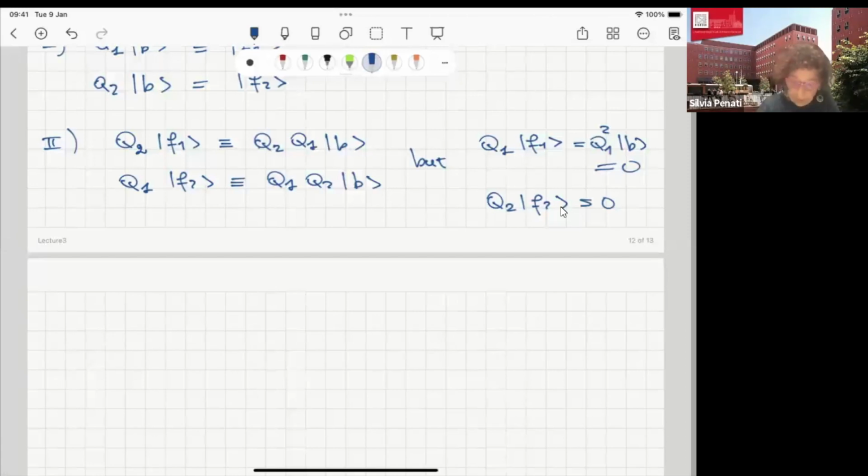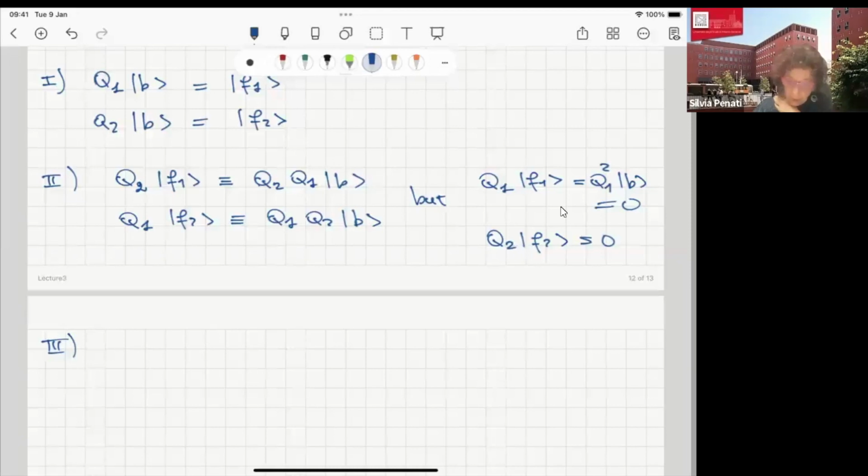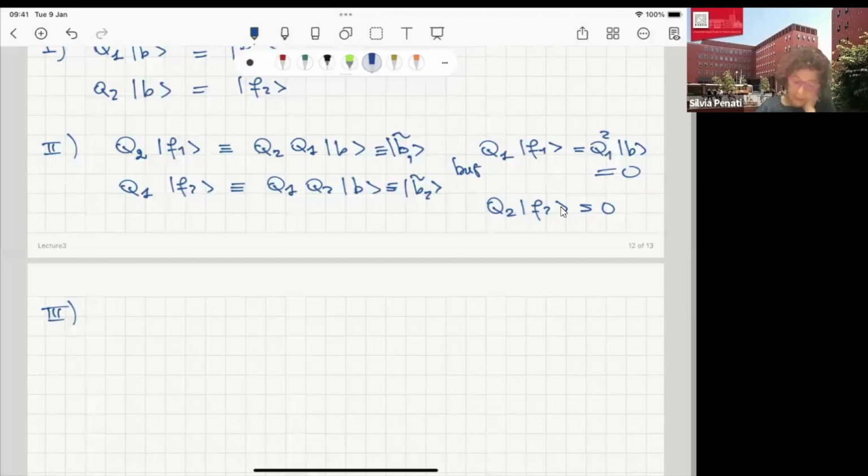Therefore, this is what I can do. I'm going to ask myself if there are any other extra operations that I can do. Starting from, let me give a name to these new states, let me call them B tilde 1 and B tilde 2. I'm wondering whether I can still apply some Q1 or Q2 to B tilde 1 and B tilde 2?